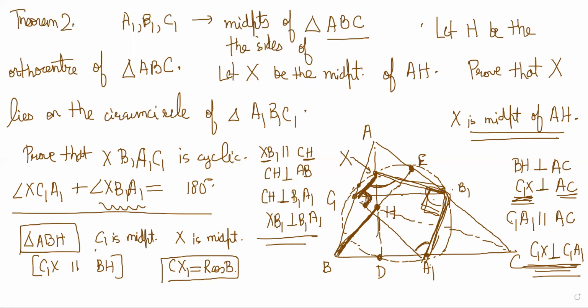So basically X, B1, A1, C1 is also cyclic. The reason is purely following the angles and noticing many different midpoint theorem situations. You are able to say parallel lines, perpendicular lines, and figure out that these angles are 90 and 90.